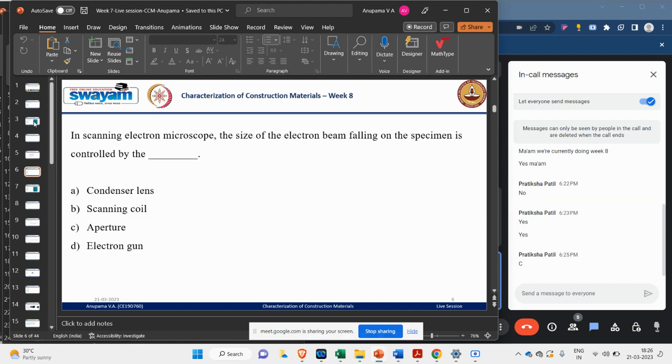Now, in the scanning electron microscope, the size of the electron beam falling on the specimen is controlled by the condenser lens, scanning coil, aperture, or electron gun. Just imagine a small electron beam coming and hitting the specimen. What controls the size of the electron beam?